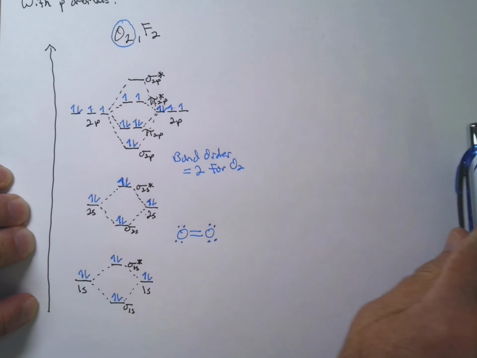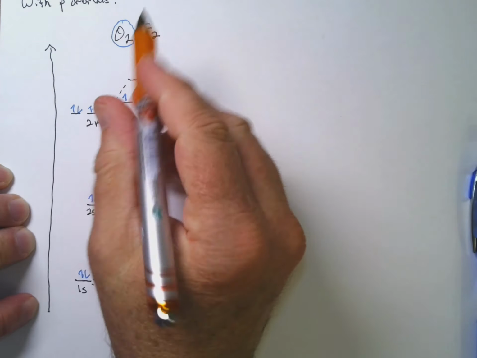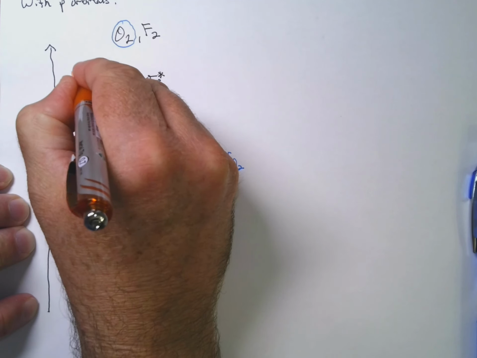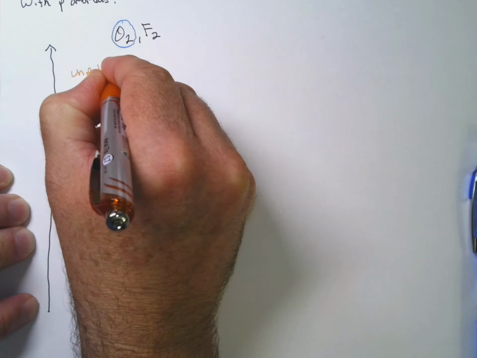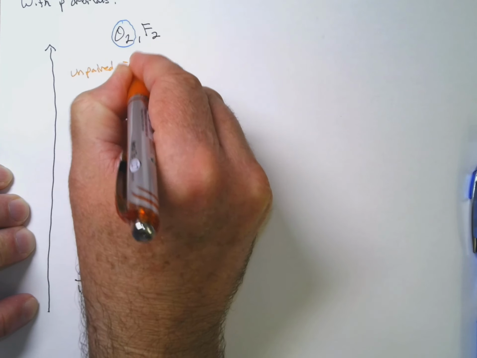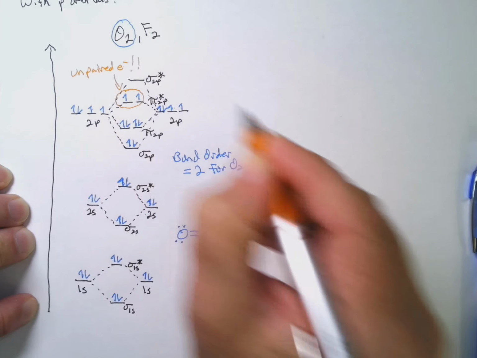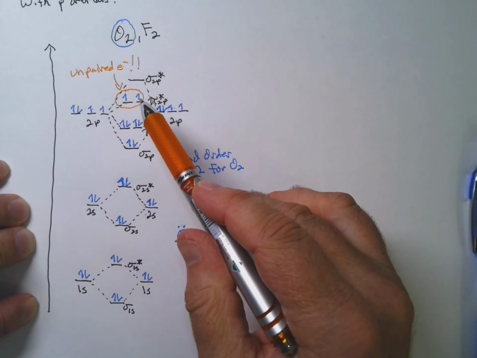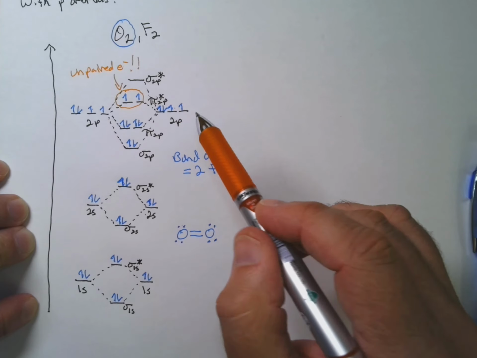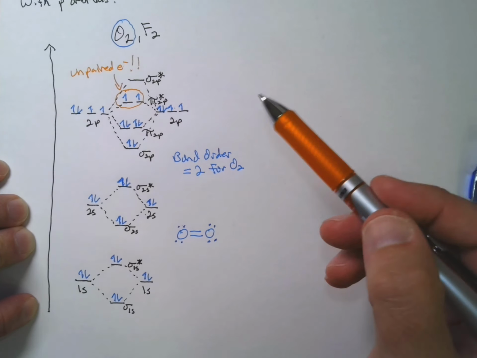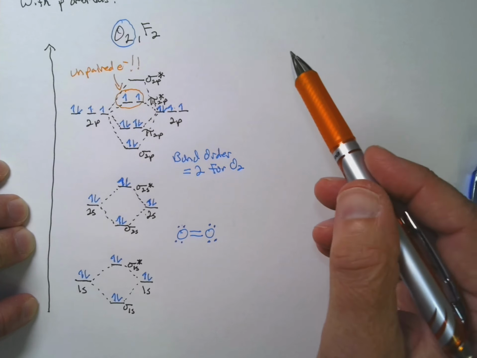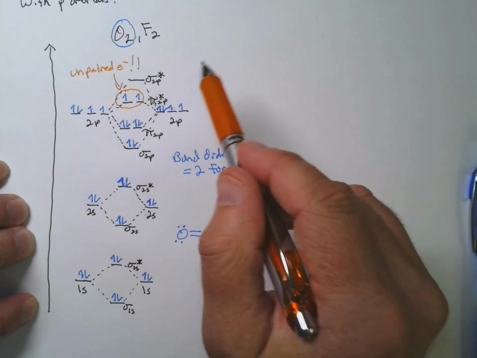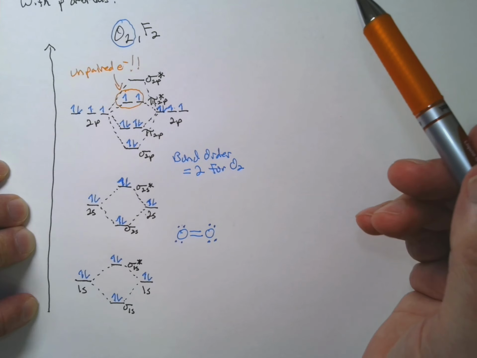But if we look closely here, we see right here we have unpaired electrons. And so these unpaired electrons give oxygen some interesting properties. We say that oxygen is paramagnetic. It can actually be affected by a magnetic field.